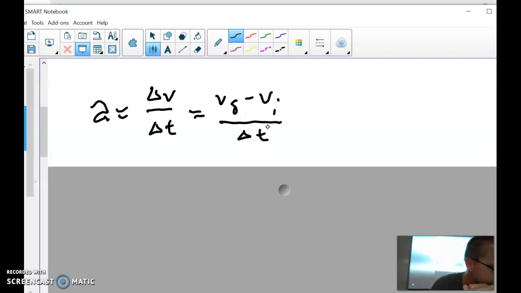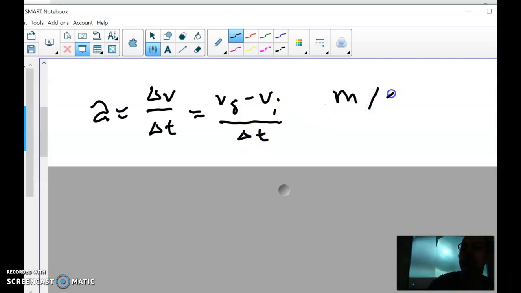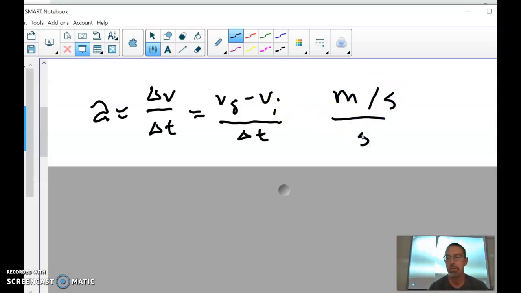I'm going to be measuring my velocity in meters per second and my time in seconds. So acceleration is measured in meters per second per second, or we can algebraically manipulate this to say acceleration is measured in meters per second squared.